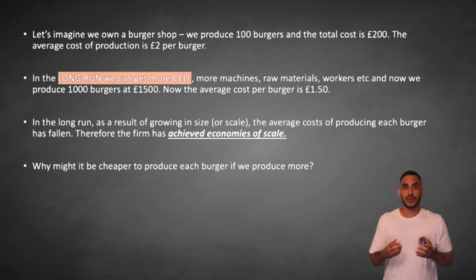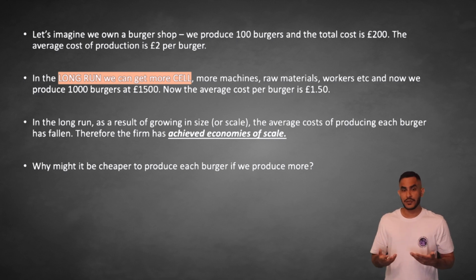Therefore, as a result of increasing our scale of production, we have been able to reduce our average cost. In the long run, as a result of growing in size, the average cost of producing each burger for the firm has fallen. Therefore, the firm has achieved economies of scale.